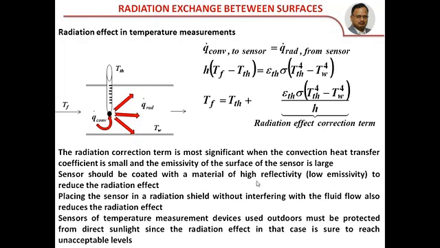So to avoid that, the sensor should be coated with a material of high reflectivity to reduce the radiation heat transfer. Or you can place a radiation shield without interfering with the fluid flow, which reduces the radiation.